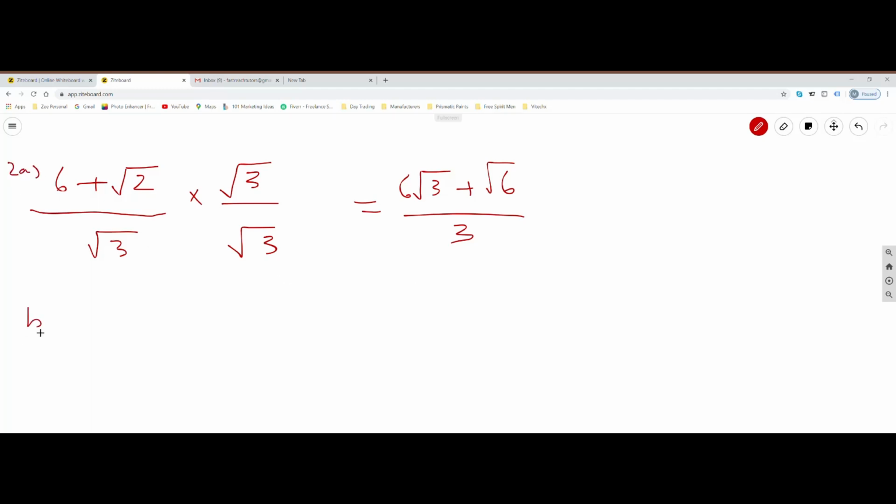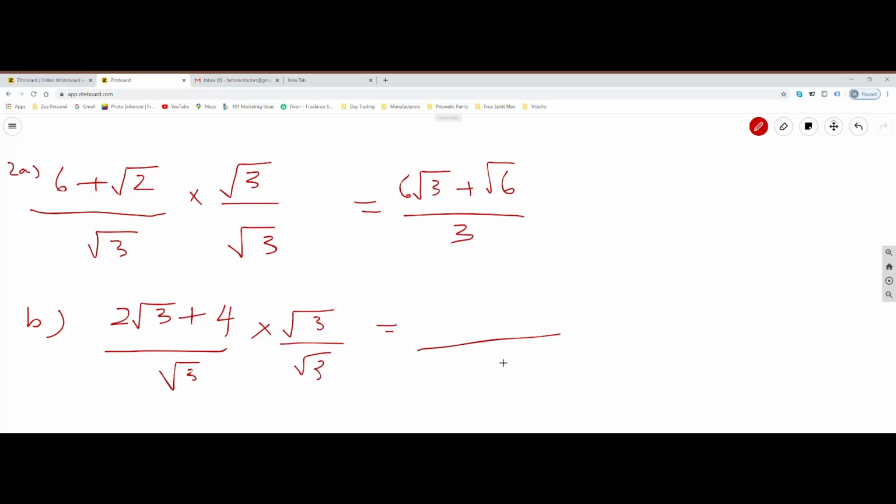If we look at 2B, we have 2 square root 3 plus 4 over square root 3. We're going to multiply the top and bottom by the radical. So it's square root 3 over square root 3. So the bottom becomes 3.